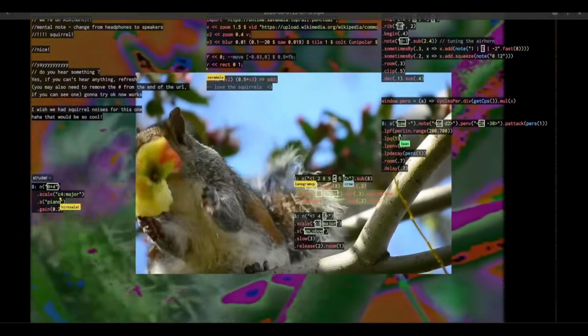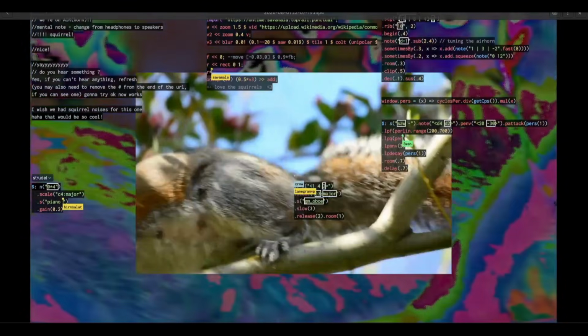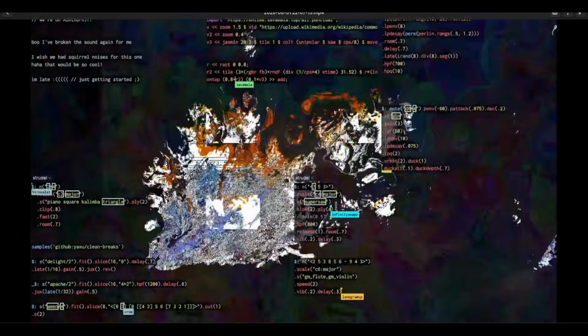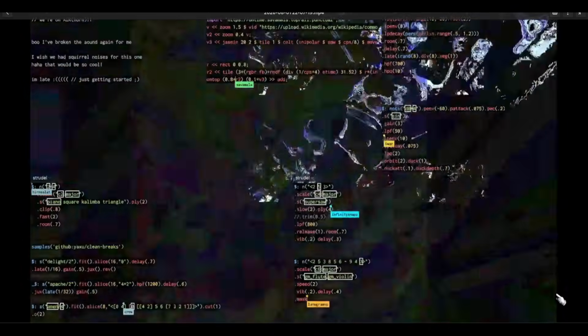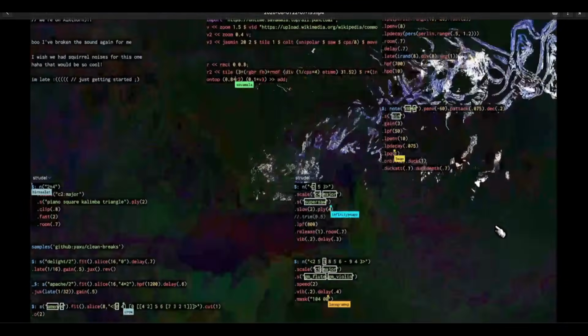I think we're good to go ahead and skip forward. Let's try this one. Now we have a four-to-the-floor kick drum. Let's see if we can find it in the code or if it's perhaps obfuscated.